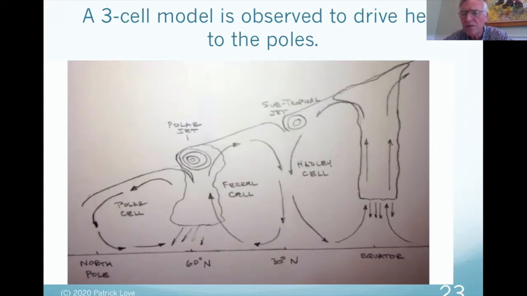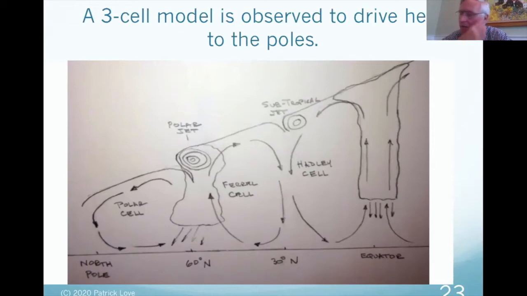It's cooler here than it is at the equator. So air tries to move from the high pressure that's here to the low pressure at the equator. So the surface current goes from north to south. Then the air ascends, and basically fed back at the top is warm air coming back at higher altitudes in this Hadley cell.